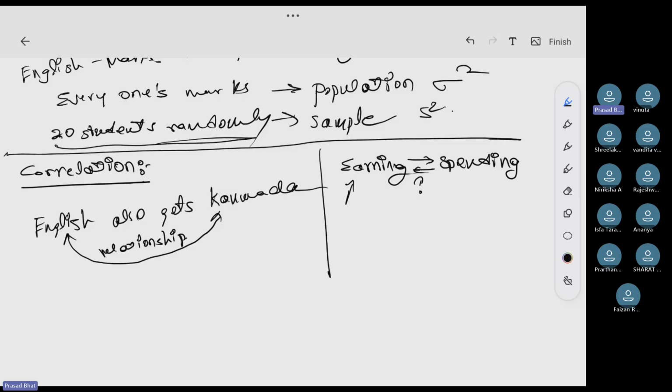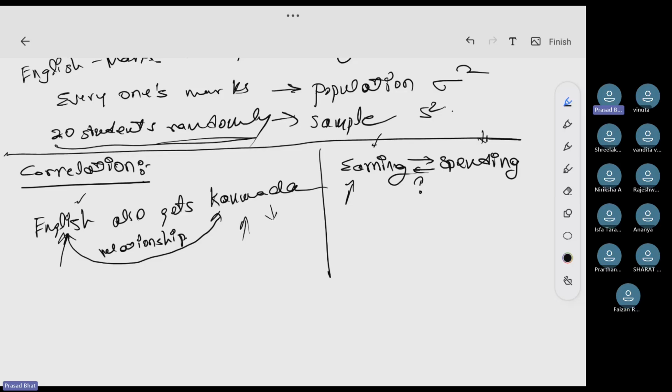What is the relationship between one person's income and his expenses? What is the relationship between a student's English marks and Kannada marks? Are they both increasing, or is one increasing and another decreasing in the same manner? Is there any relationship at all?